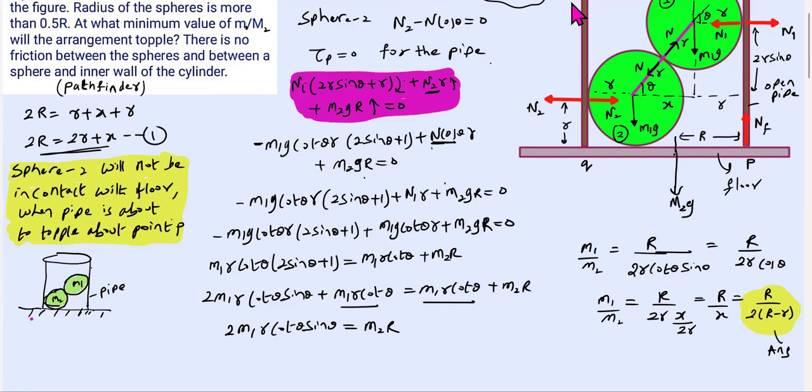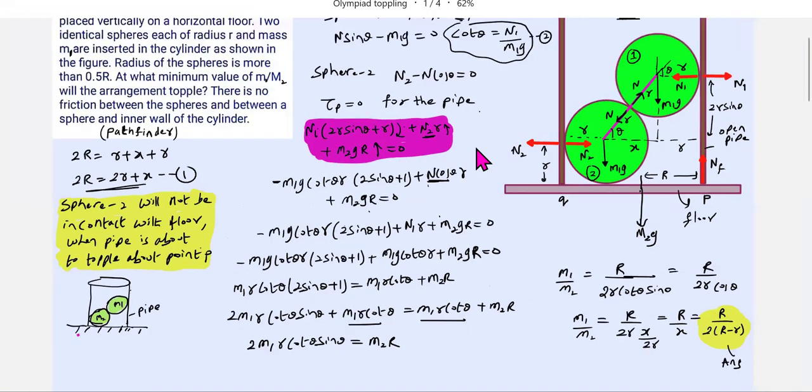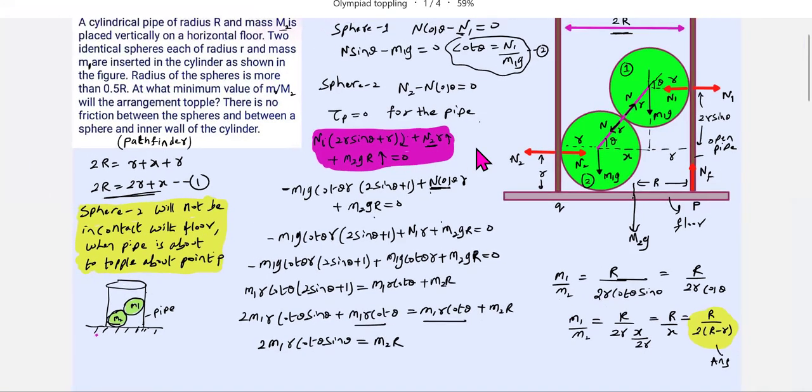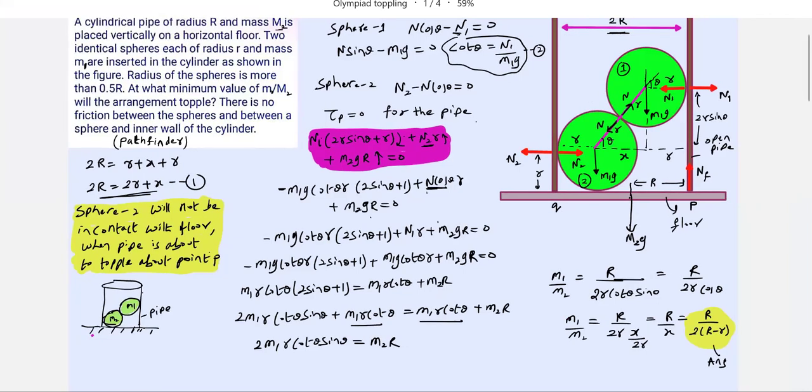Then we are discussing the equilibrium of the first sphere. Here you can see that along the x-axis, N cos theta will balance N1, N sin theta will balance M1g. Solving these two will give one equation. For the second sphere, N cos theta will balance N2.